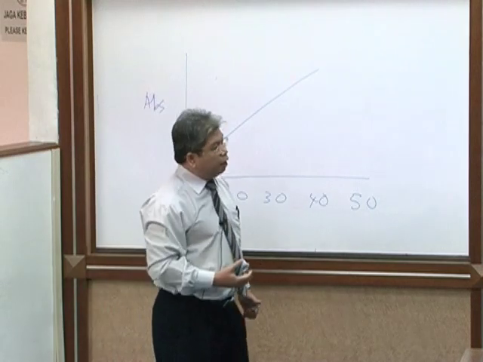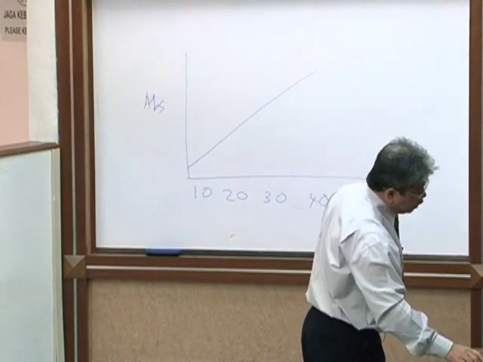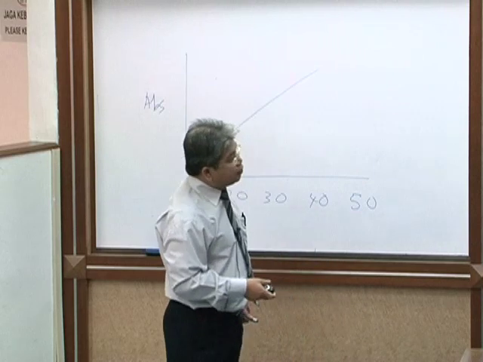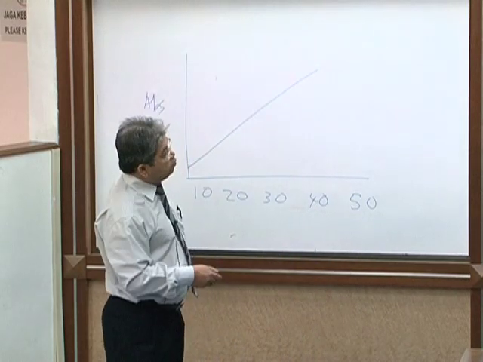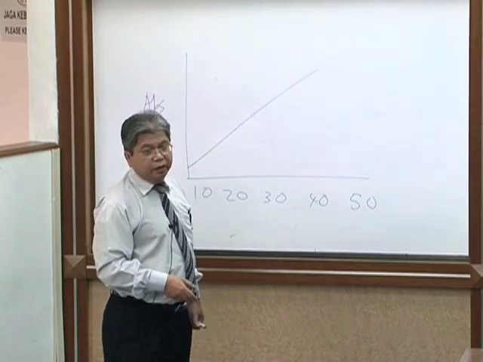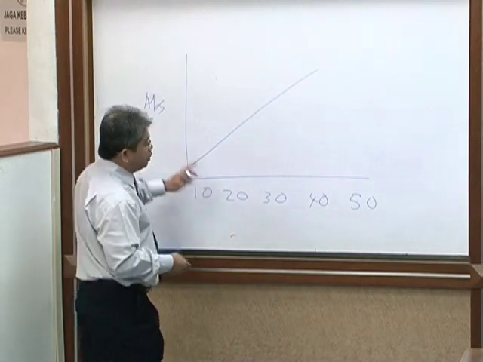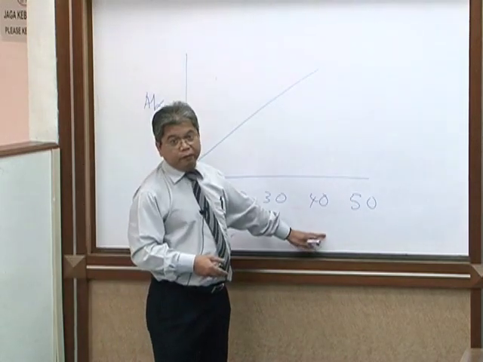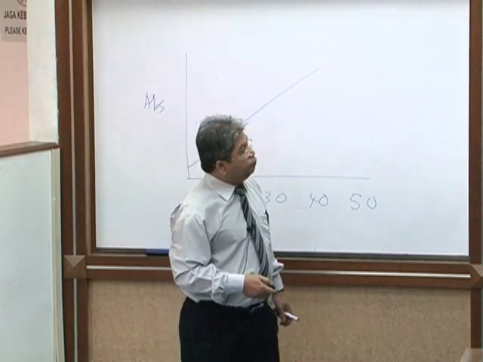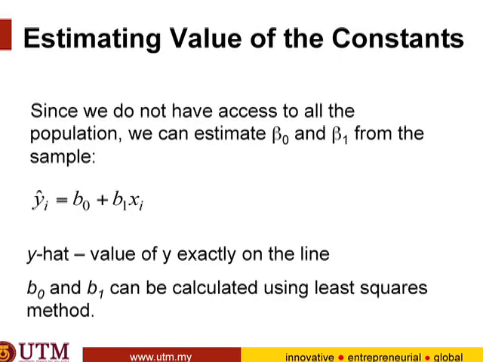And we hope that our samples are accurate enough to estimate the true relationship between Y and X, the true relationship between absorbance and concentration. Since we use a sample, we have to modify a little bit the expression on the constants. So we use B0 to estimate beta 0 and B1 to estimate beta 1.